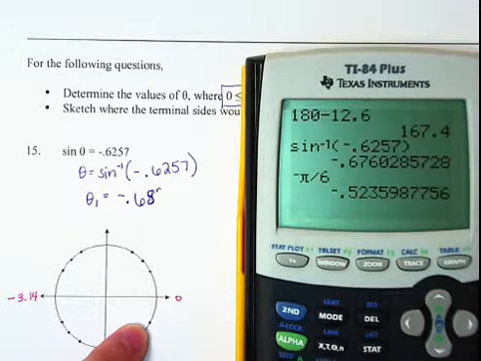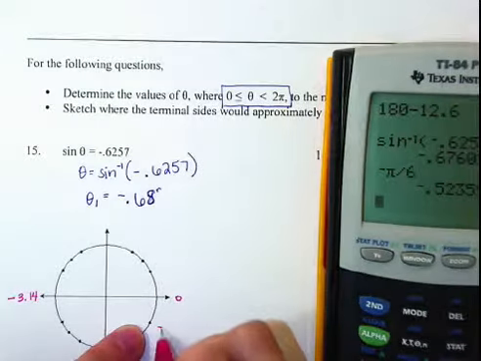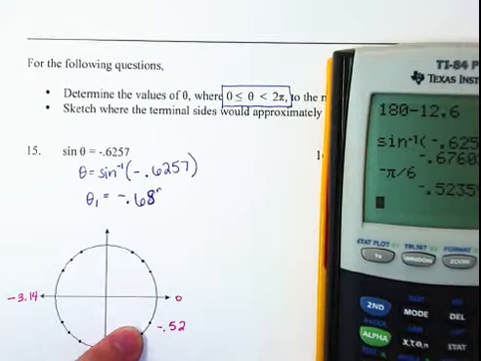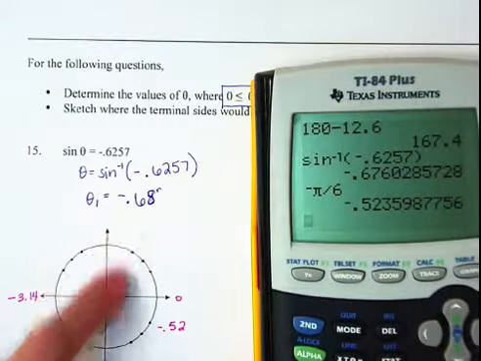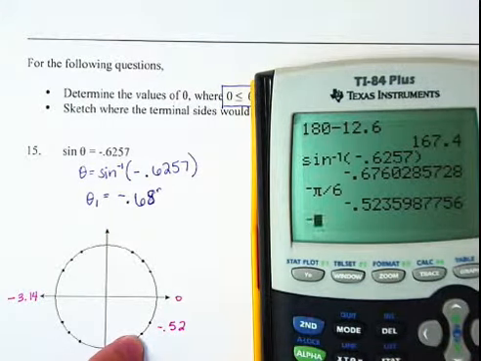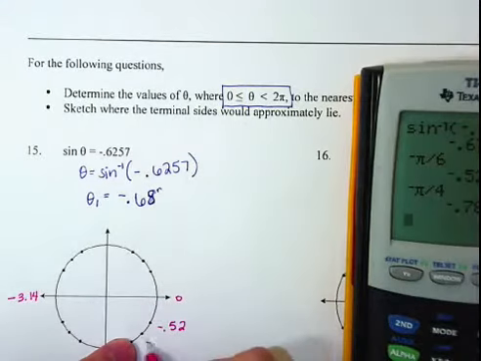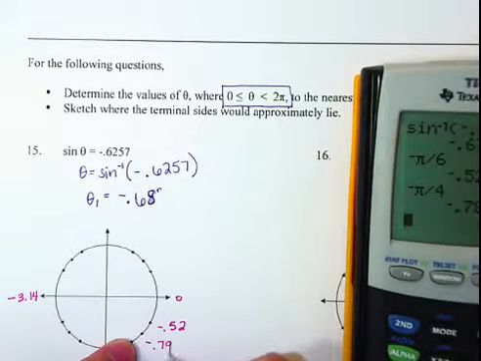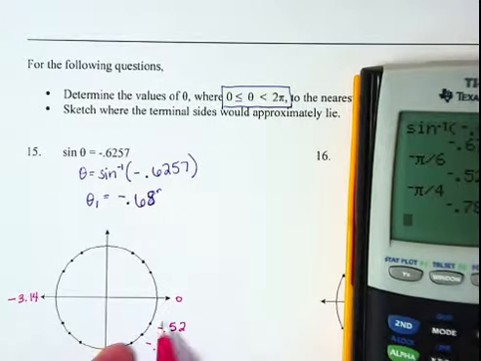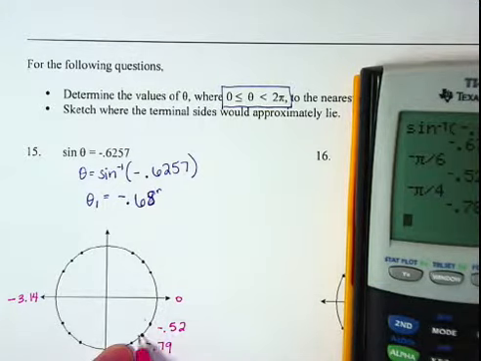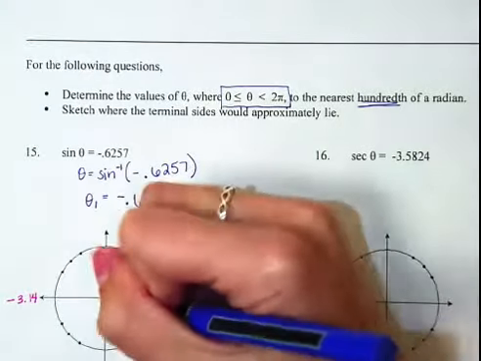Negative pi over 6 is negative 0.52, not at negative 0.68 yet. The next one would be negative pi over 4. That's negative 0.79. Okay, so negative 0.68 is between those two values, pi over 6 and pi over 4 in the negative. So I would draw my reference, my terminal side between these two.